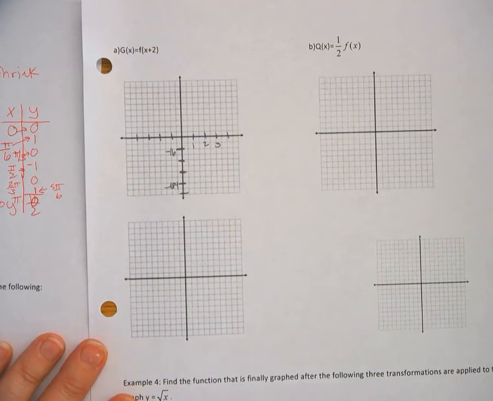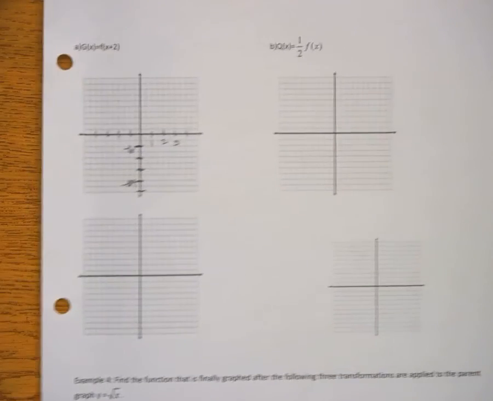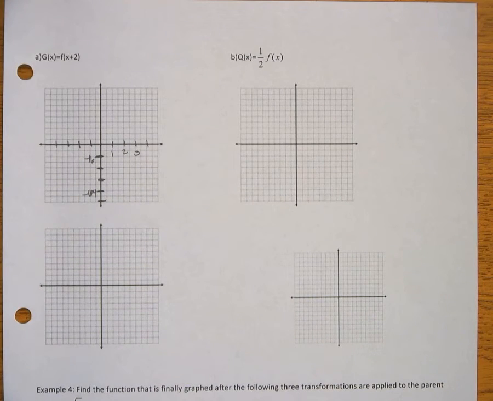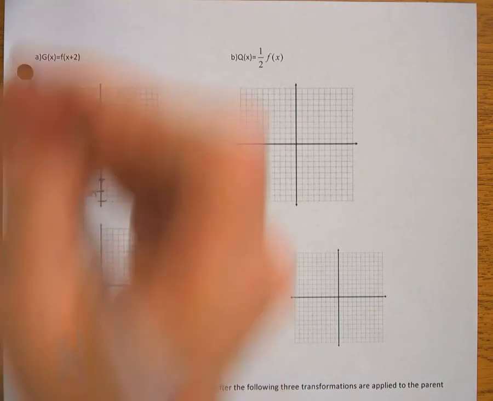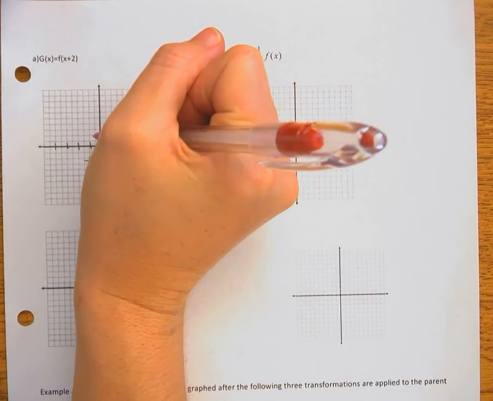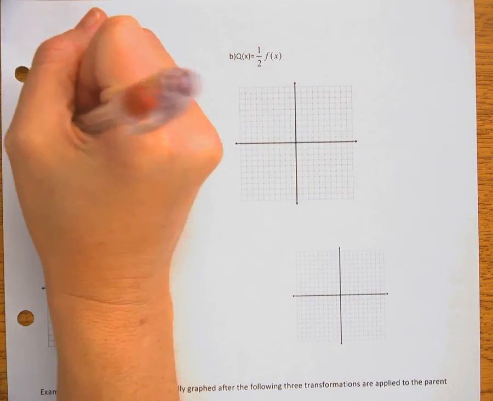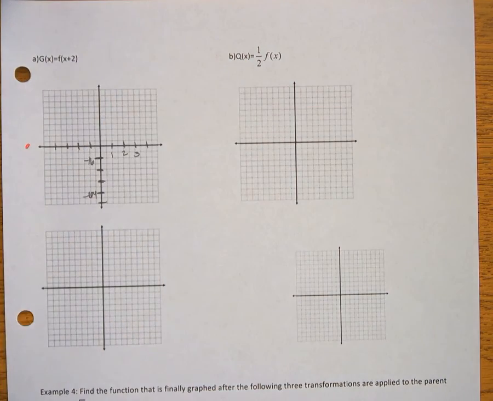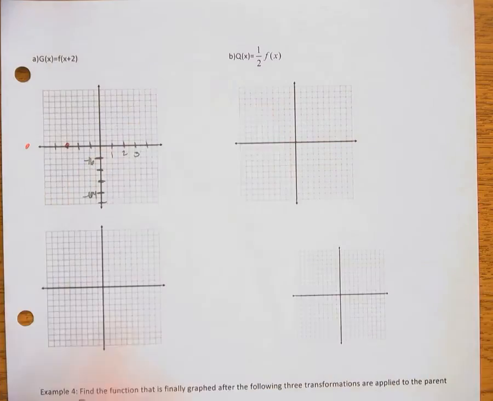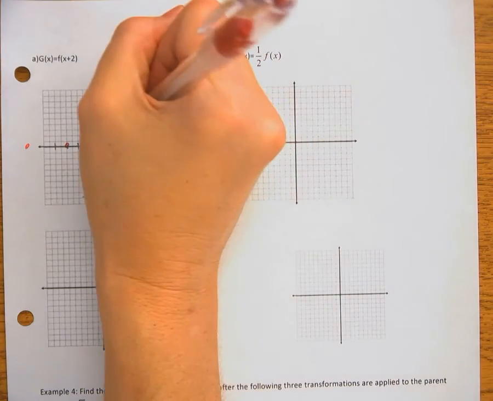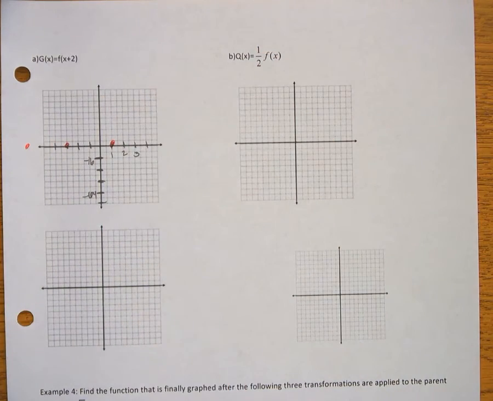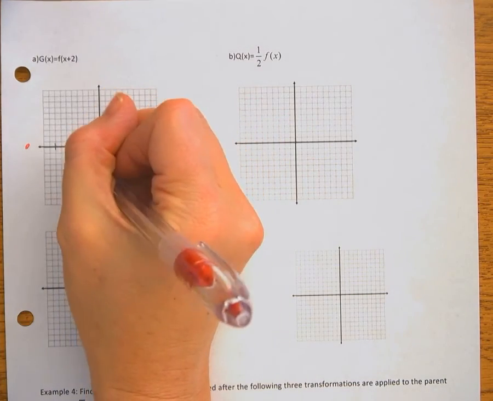So since the graph is moving everything to the left 2, your y-coordinates should stay the exact same, but the x-coordinates would get subtracted by 2. So we'd have a point down at -6, 0, a point at -3, 0, and a point at 1, 0. And then instead of a y-intercept at 0, -14, we would have a point at -2, -14.